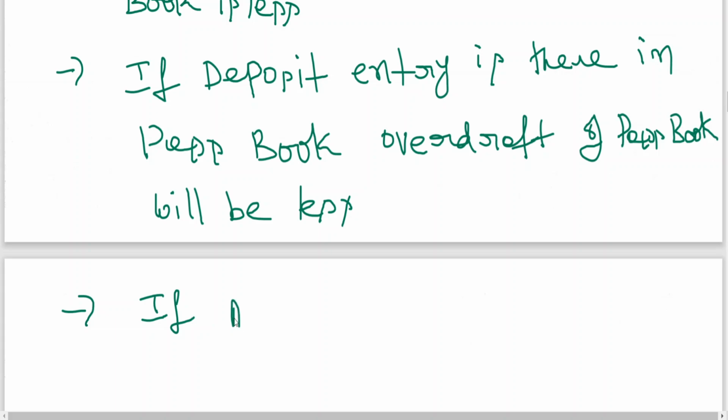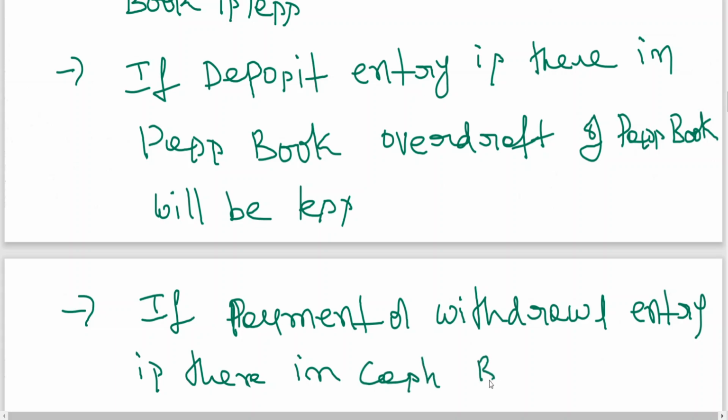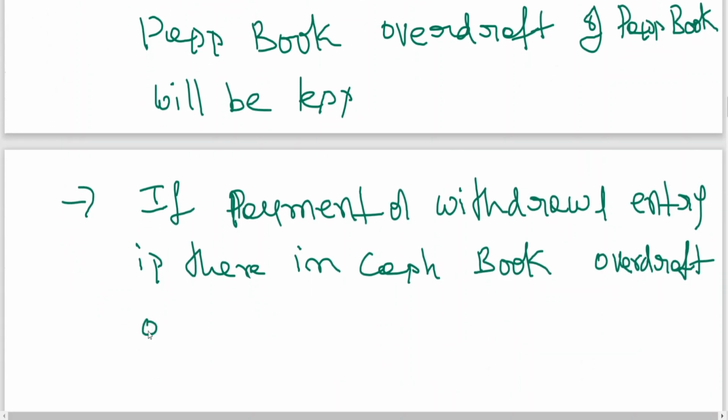If payment or withdrawal entry is there in cash book, normally in favorable, if payment is there, cash book balance will be less. Overdraft is opposite to favorable. If payment or withdrawal entry is there in cash book, overdraft as per cash book will be more.